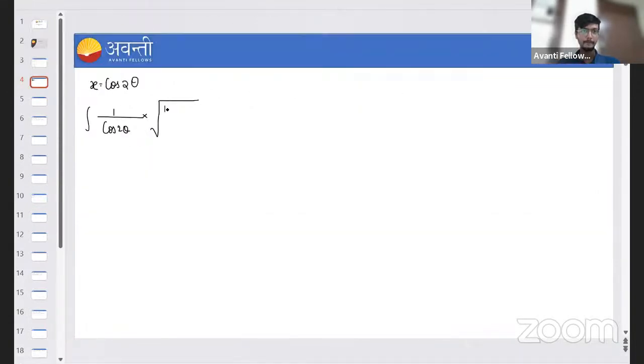So, 1 minus cos upon 1 plus cos. After this, what is 1 minus cos?